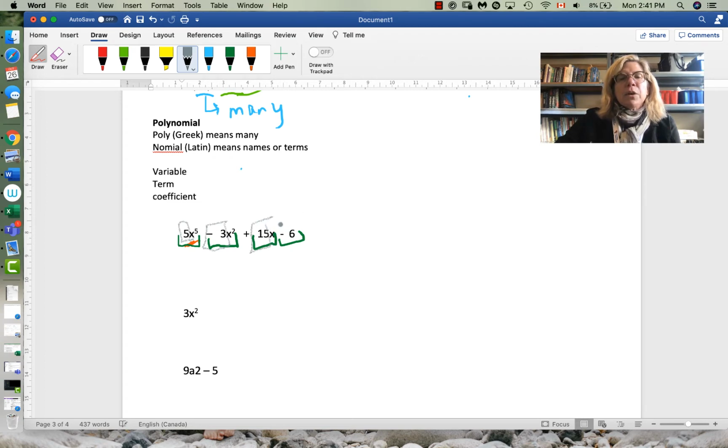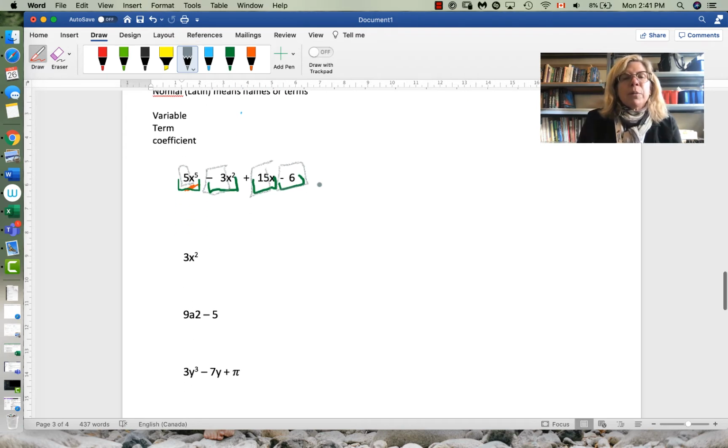And in this case, the coefficient is minus 6. So now we've talked about variables, which was your x, terms, which is the whole unit, the whole component, and then the coefficient, which is the number in front of the variable.